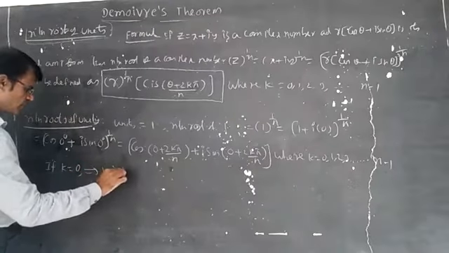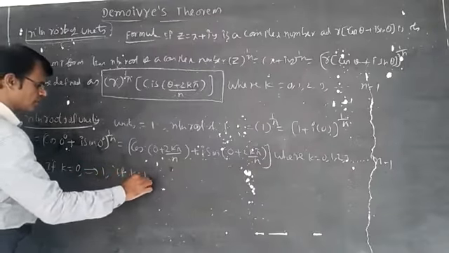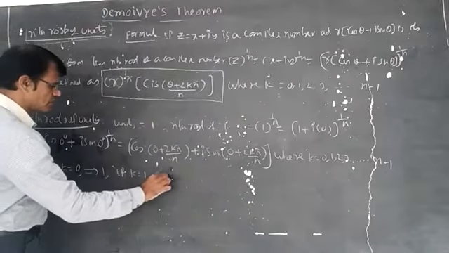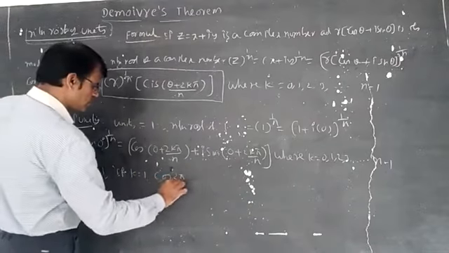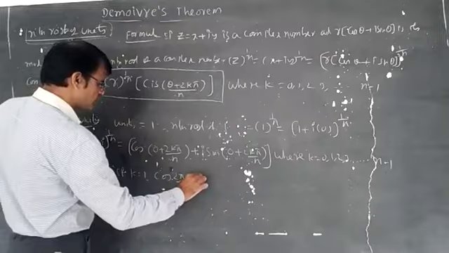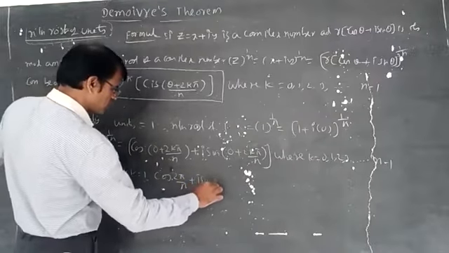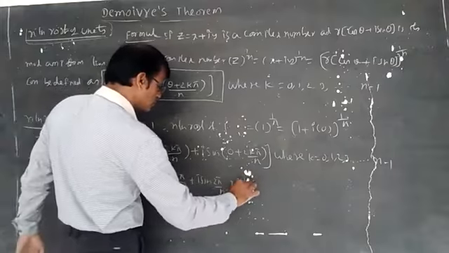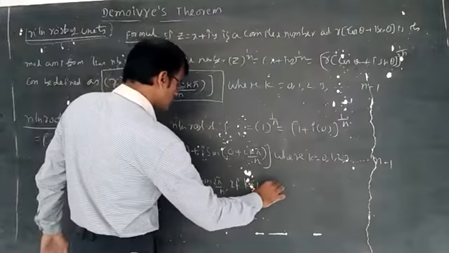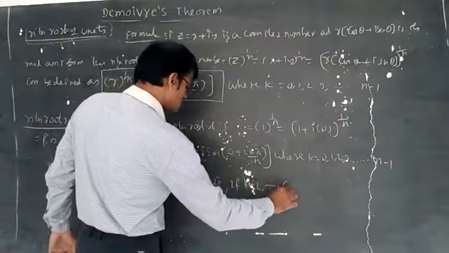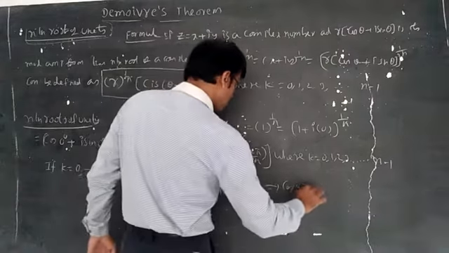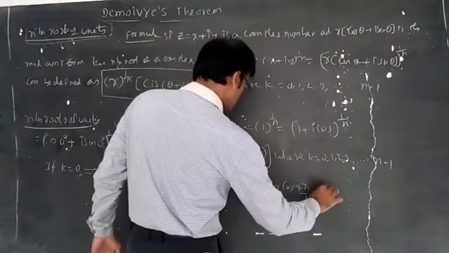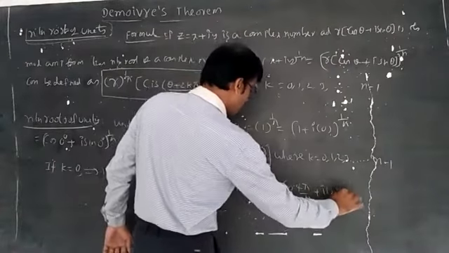If k is equal to 1, you can write here cos of 2 pi by n plus i sin of 2 pi by n. That's all. If k is equal to 2, that is cos of 4 pi by n plus i sin of 4 pi by n.